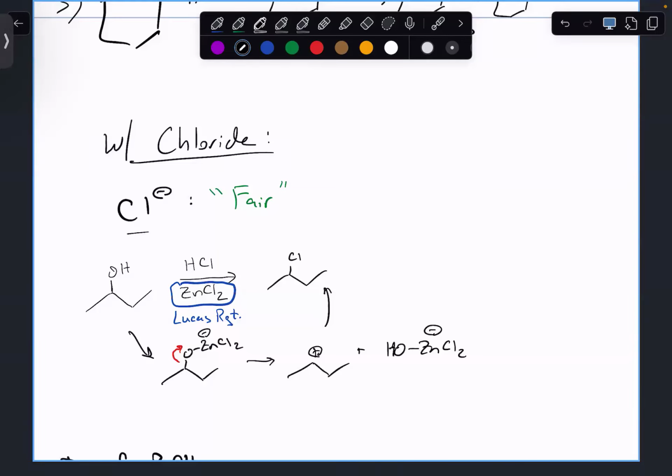The Lucas test used to be used as a test for primary, secondary, or tertiary alcohol. So if you had a solution, some alcohol, and you didn't know what it was, you could use this Lucas test to figure out whether you were dealing with a primary, secondary, or tertiary alcohol.